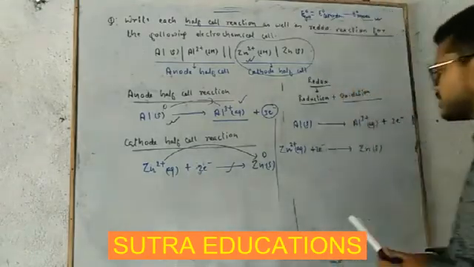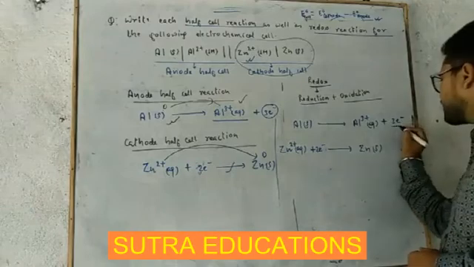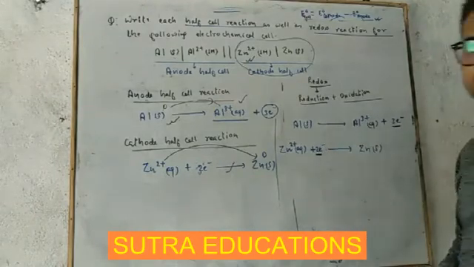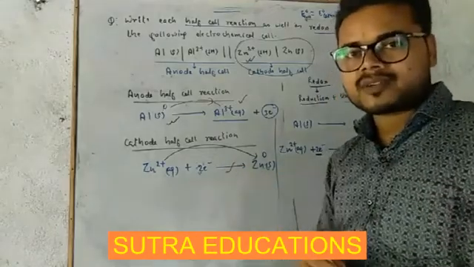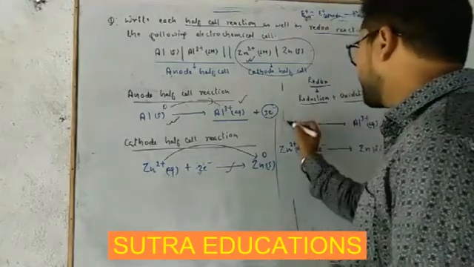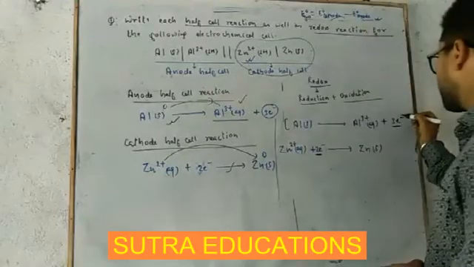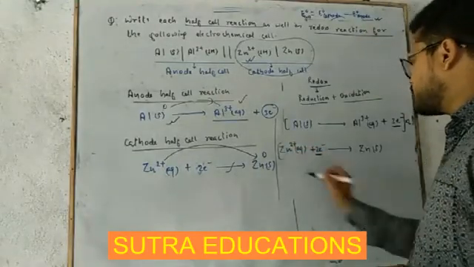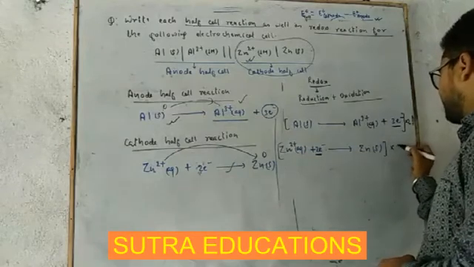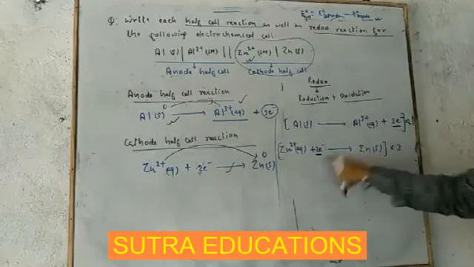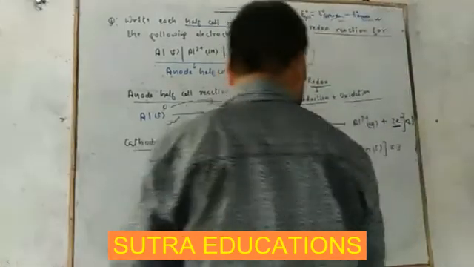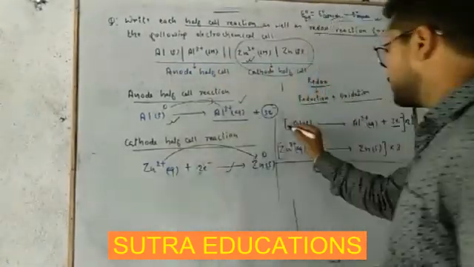Now you can see here 3 electrons are present, here 2 electrons are present, and we have to cancel the number of electrons. So what to do? We have to multiply this equation by 2 and this equation by 3, so that it becomes 6 and again 6.